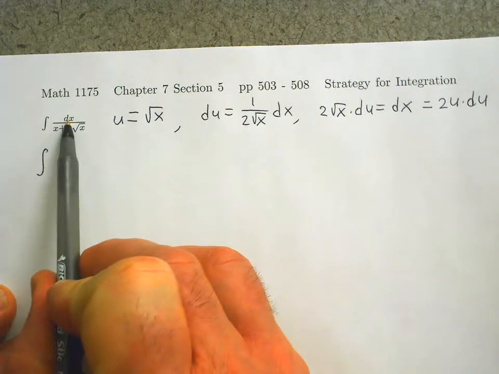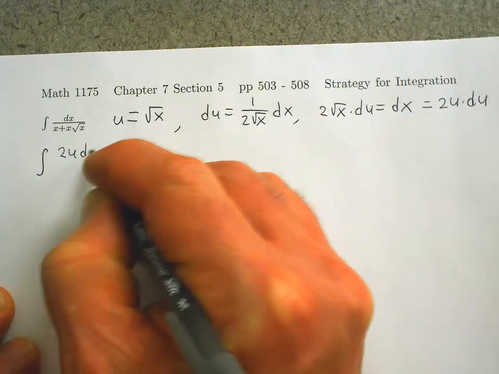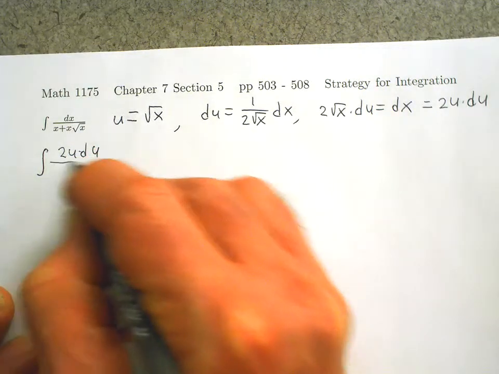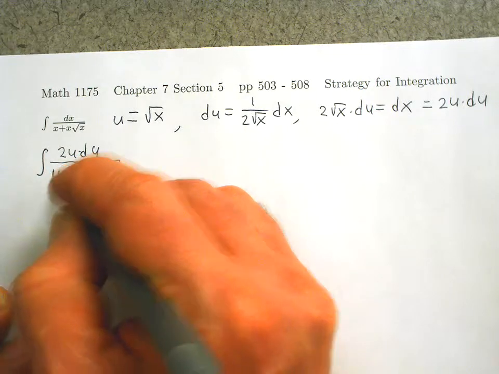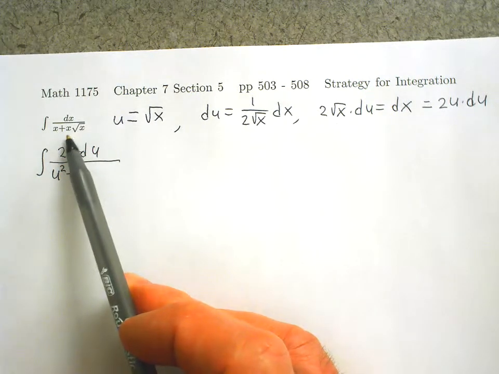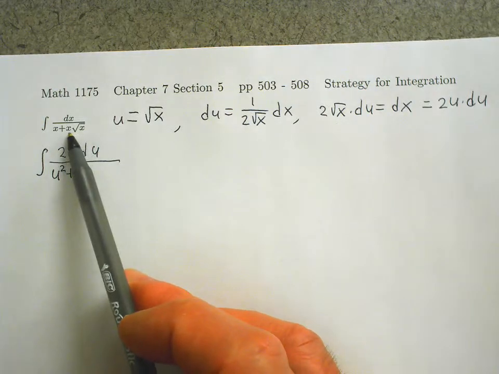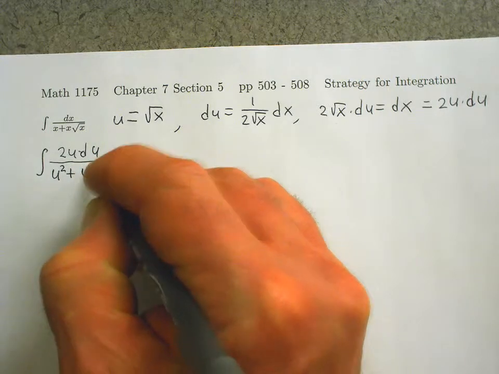So in the numerator, replace dx with 2u du. Replace x with u squared. And then plus, well, in the original denominator, we have a plus x times the square root of x. So this is u to the second times u, or u to the third.